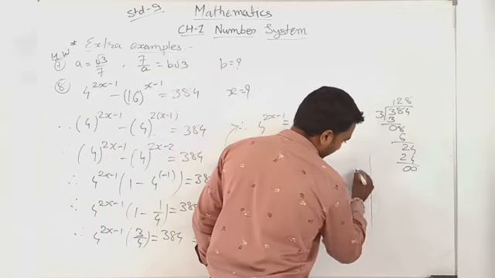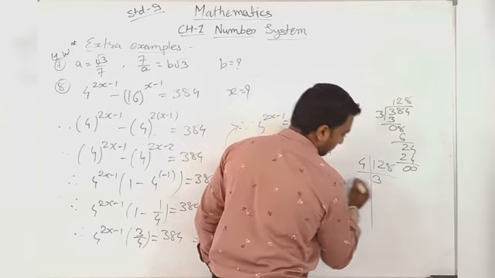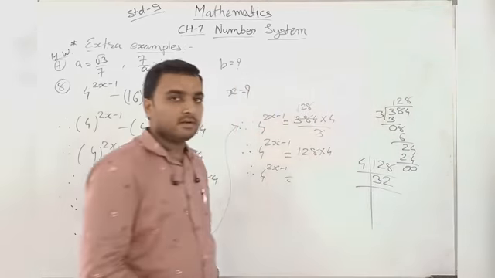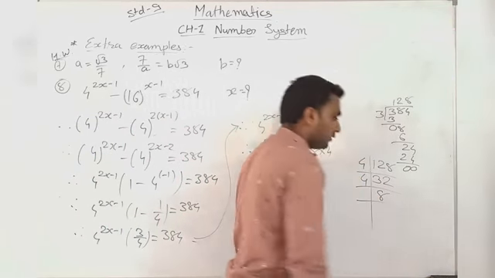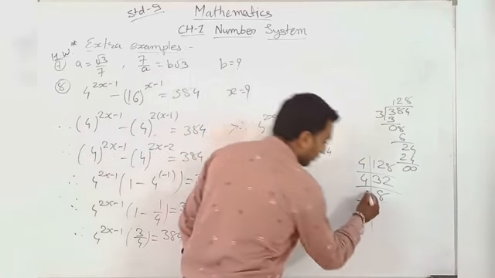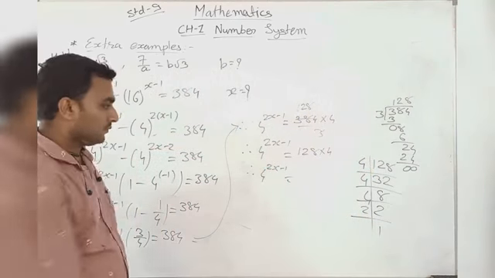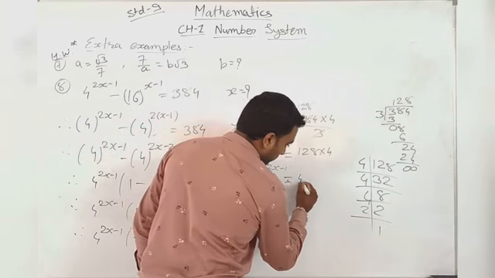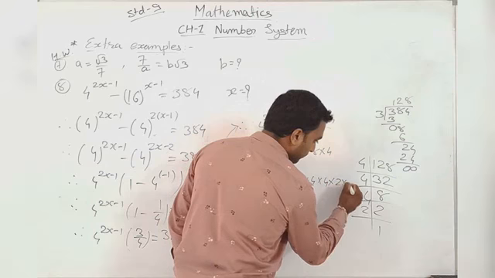See here, 128 is divided by 4. 4 3s are 12, and 4 2s are 8. Again we divide by 4, 4 2s are 8, here 2 1. So it is equal to 4 multiply 4 multiply 4 multiply 2 multiply 4.